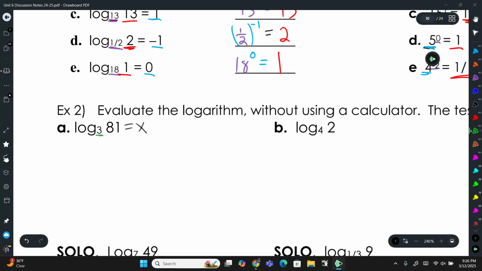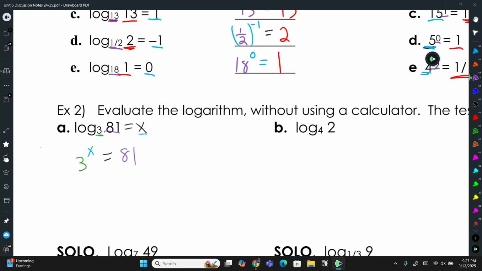So 3 is our base, raised to the x power equals 81. Now from here, we're going to be doing this without a calculator. Well, how do we do that? We need to know our powers.